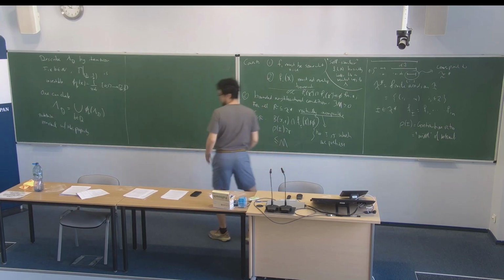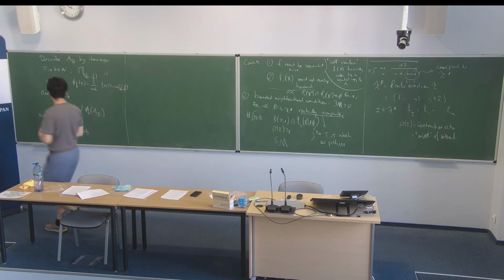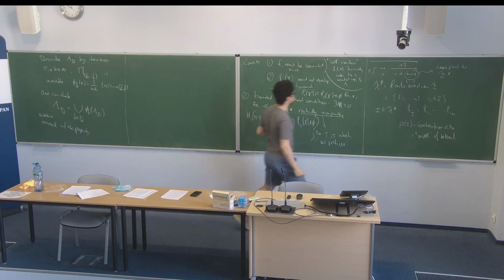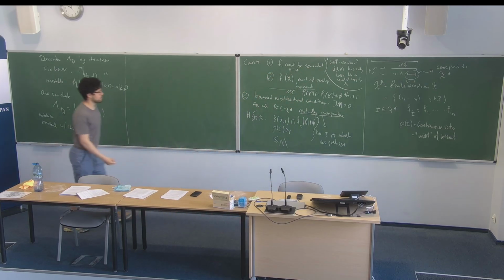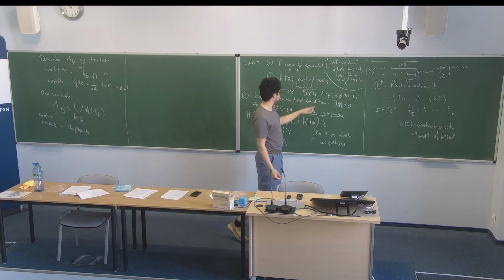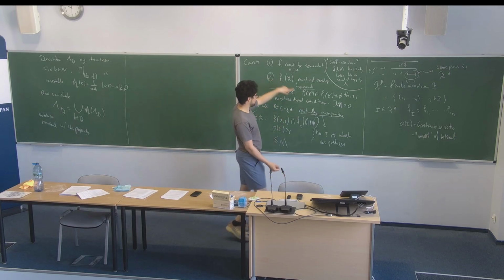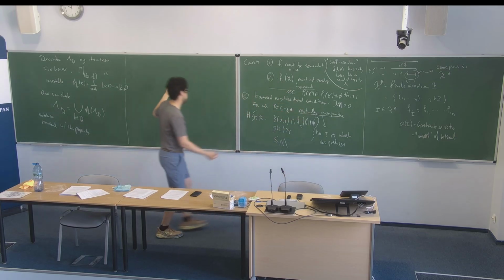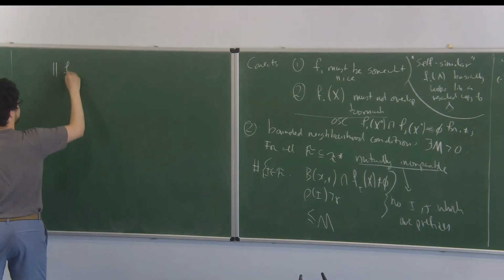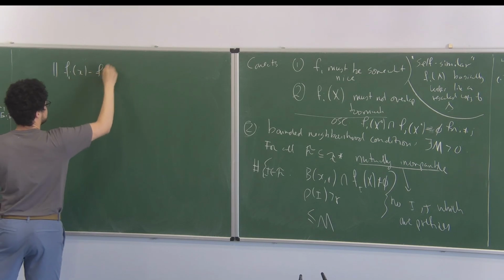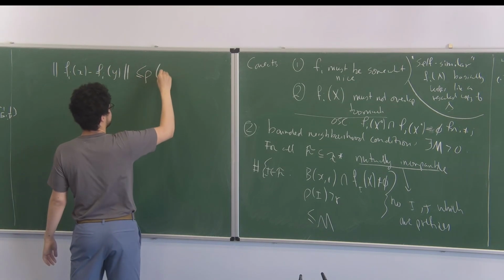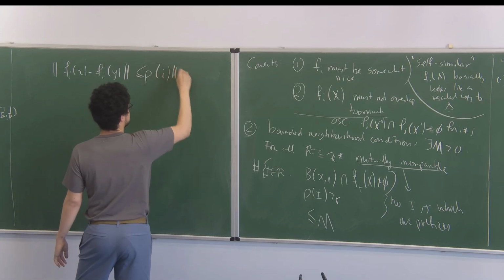Okay, so you brought up a really good point. Let me define this precisely. What do I mean by a self-similar map? By a self-similar map, I mean one which distorts distances exactly by this constant. So the Lipschitz contraction condition said that the distance between f sub I of x and f sub I of y was bounded above by this contraction ratio rho of I times the distance between x and y.